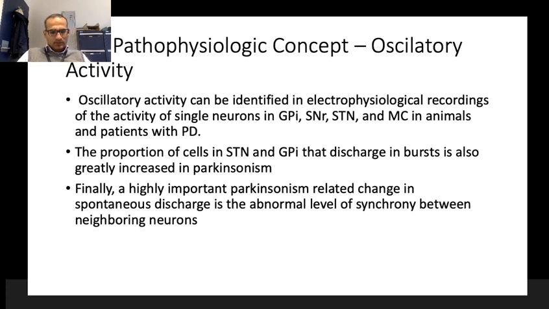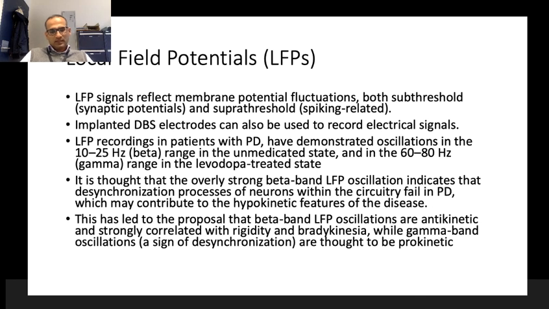It talks about how with the help of the leads of deep brain stimulation, we can record the neuronal electrical activity, and they explain the term local field potentials for that activity, which records basically subthreshold and suprathreshold electrical activity.